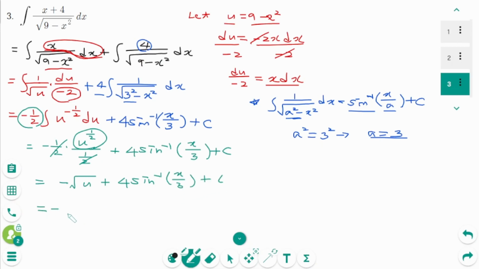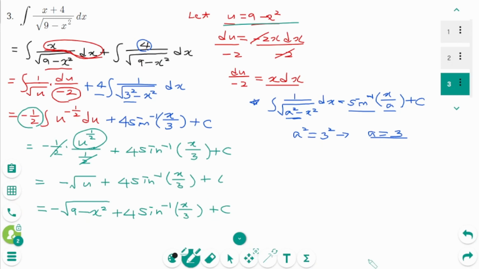Then finally minus the square root of u was 9 minus x squared, plus 4 arc sine of x over 3 plus c.